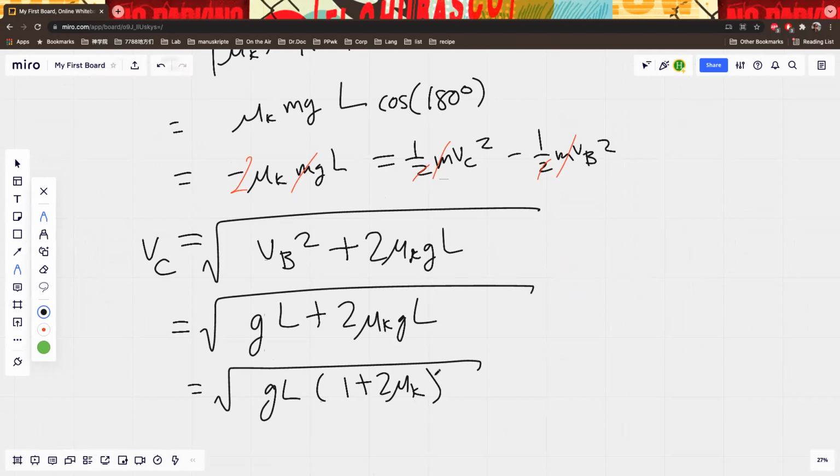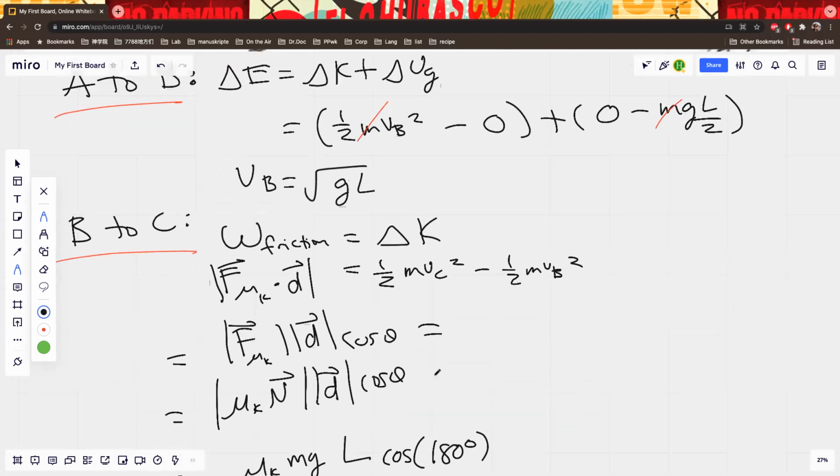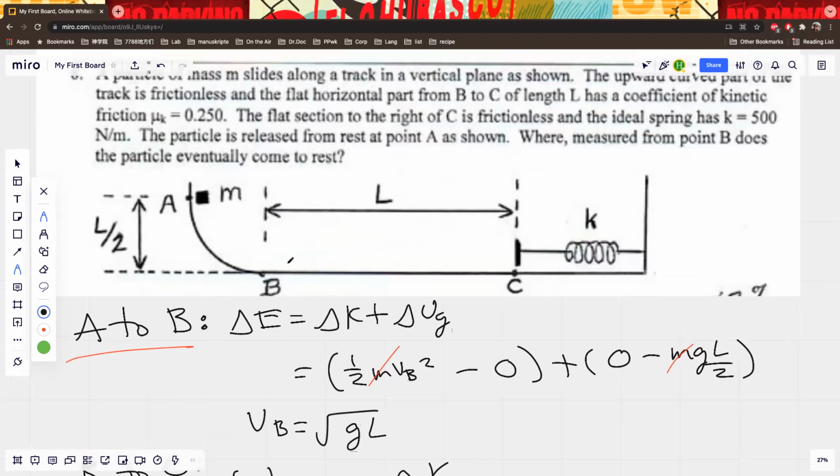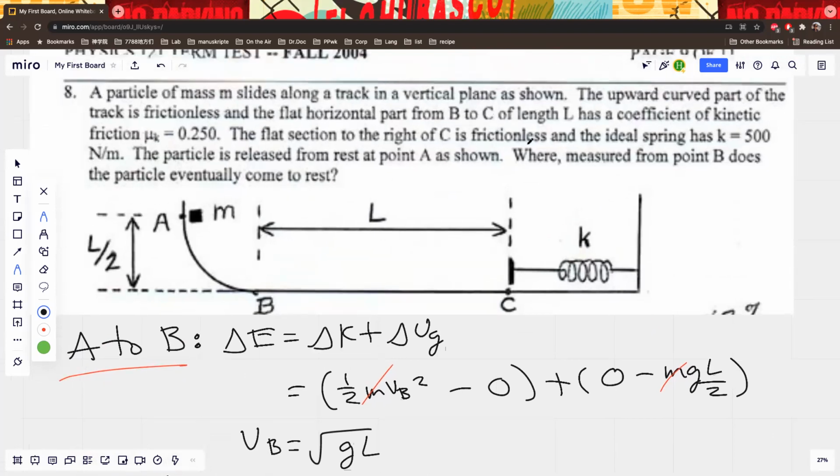We have VC. And now it's actually going to travel. So it travels from B to C. And then the flat section to the right of C is frictionless.